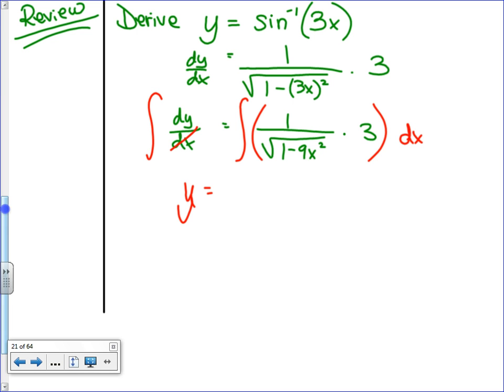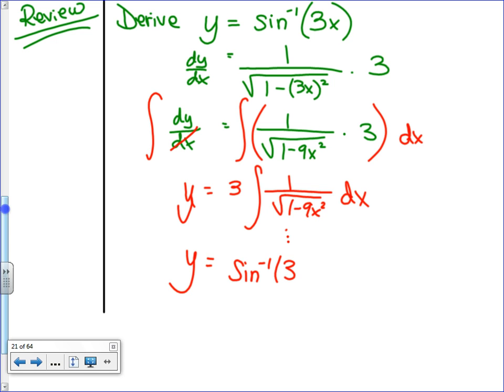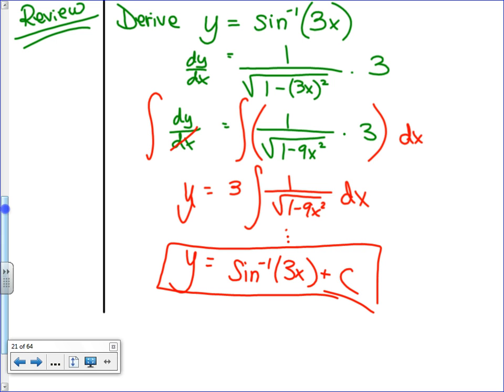Oops, that's not a y. Every derivative rule is an integration rule backwards, right?